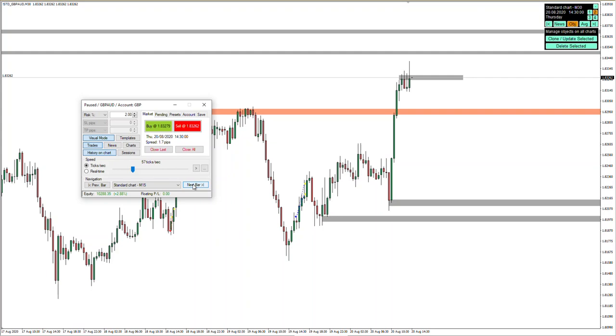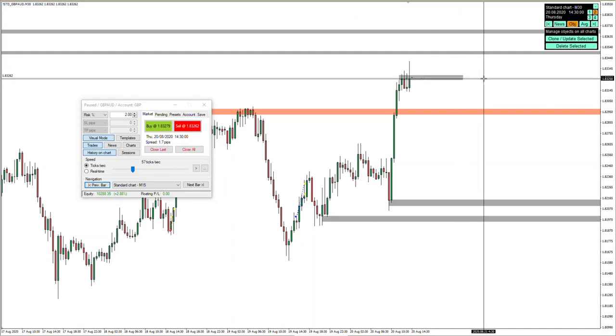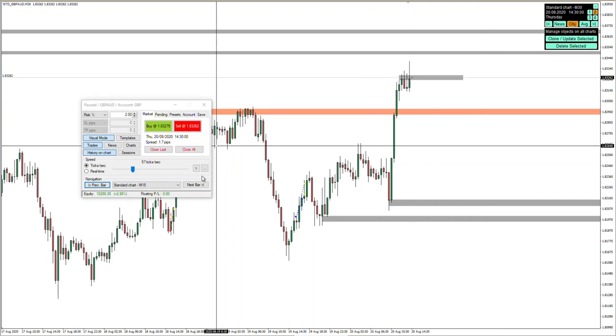Okay. Well, what about this? So this 30-minute candle closed at the resistance. Could not have done anything.